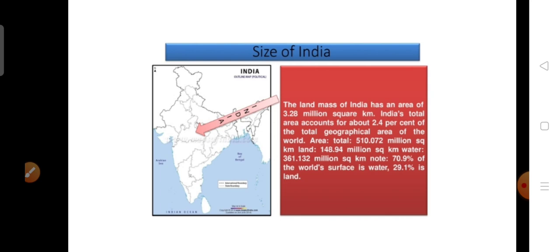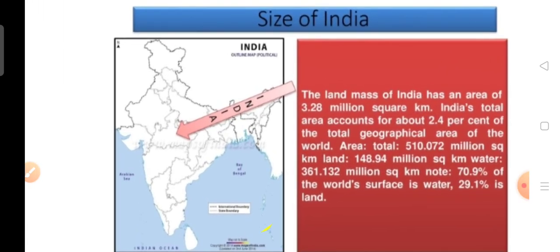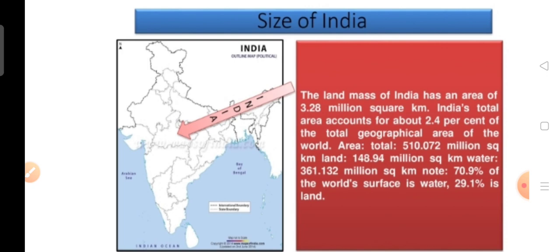Now let us see the exact size, approximate size of India. The land mass of India has an area of 3.28 million square kilometers. India's total area accounts for about 2.4% of the total geographical area of the world.